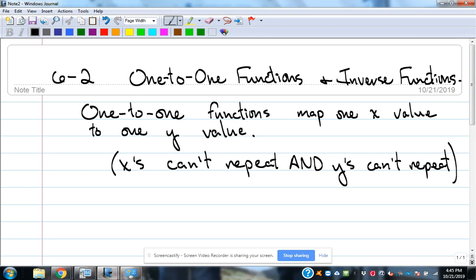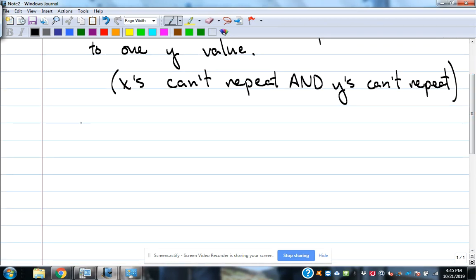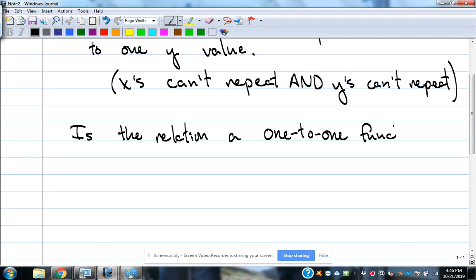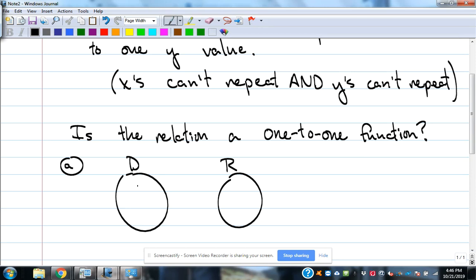It's one-to-one, okay? And let's just start with that game, kind of like we did with chapter 3. Is the relation a one-to-one function? Example A, we'll do a mapping to start off with. -3, 1, 6, 8, 7, 5, 8, 10.